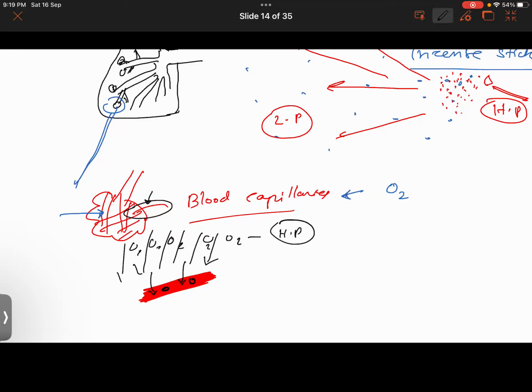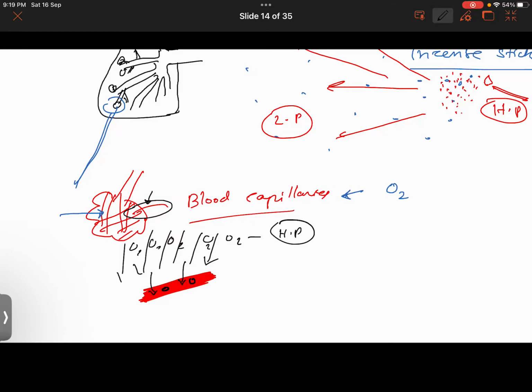Okay, alveoli actually, look now, in the diagram here, this is your nostril. Nostril further continues as trachea, that is the windpipe. Then it further divides into each of your lungs as bronchioles.